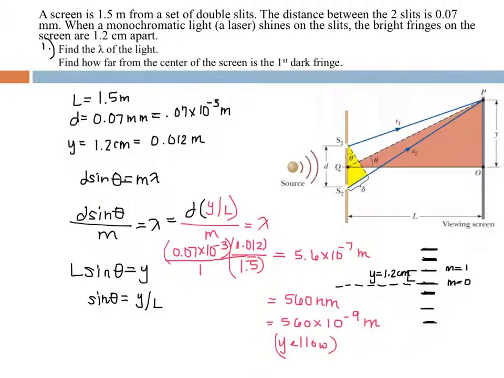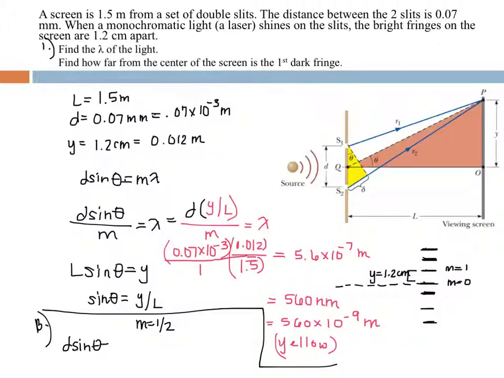The second part asks us to solve for how far from the center of the screen is the first dark fringe. Well, now if we're focusing on dark fringes, we're going to look at when m is equal to 1/2. And this is for part B. So we can use the same equation and the same substitution, so that d sine theta is equal to m lambda. Now our wavelength is not going to change because it's not entering a new medium.